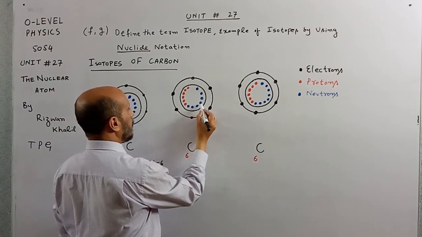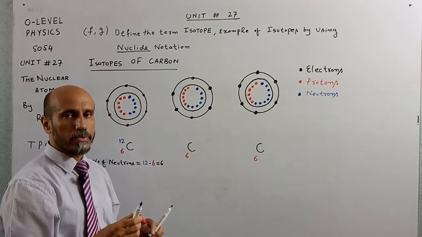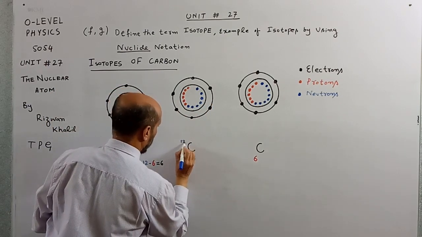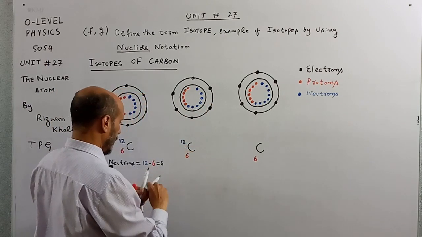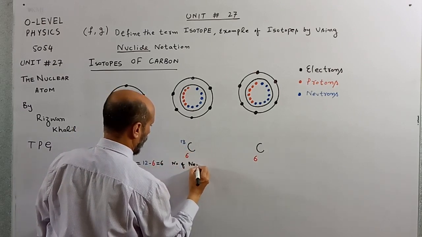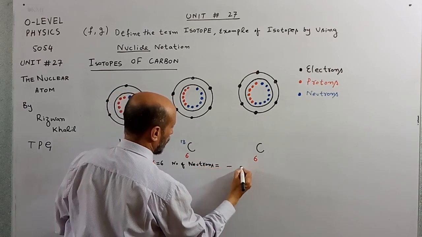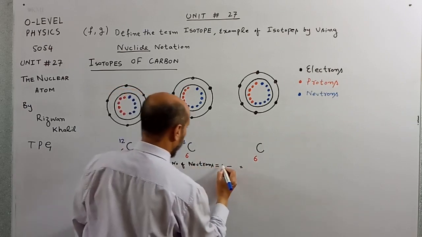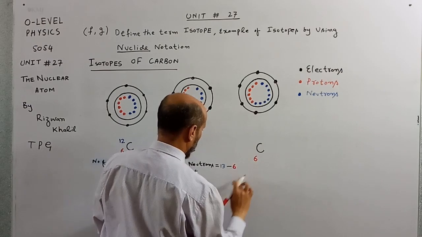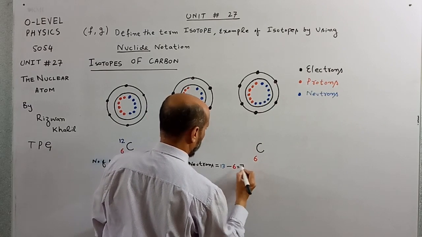Now consider example number 2. Here there are 1, 2, 3, 4, 5, 6, 7 neutrons, so 7 plus 6 is equal to 13. So I will write 13 over here, and again the number of neutrons is 13 minus 6, which is equal to 7.